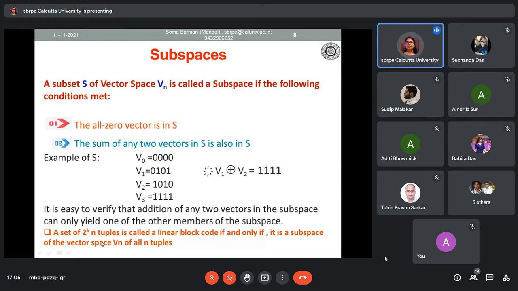Clear? A set of 2 to the power k n-tuples is called a linear block code if and only if it is a subspace of the vector space Vn of all n-tuples. So these are subspaces because they satisfy the properties of the vector space, property number 1 and property number 2. This is nothing but the properties of the linear block code.